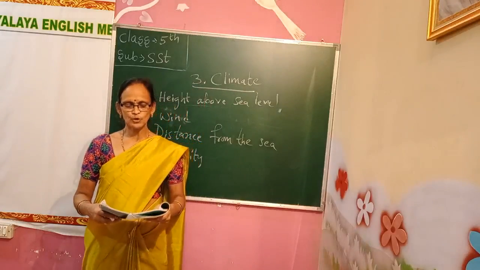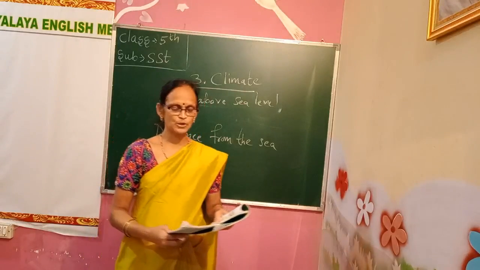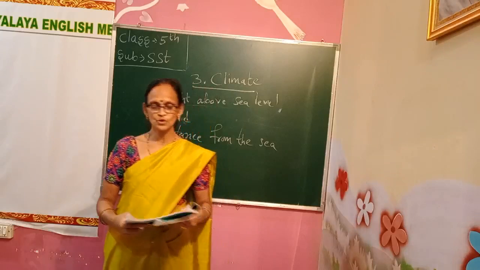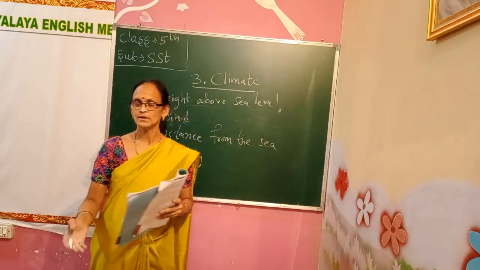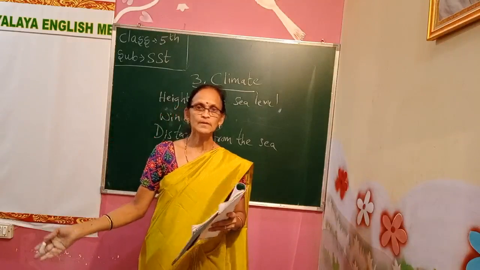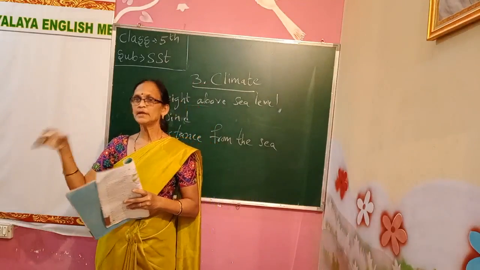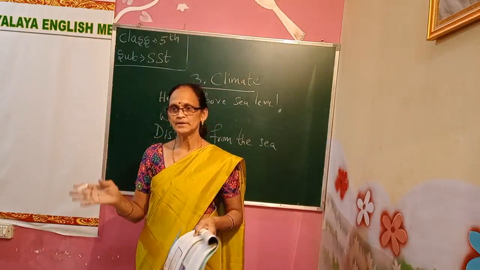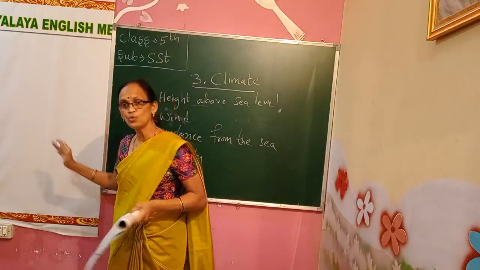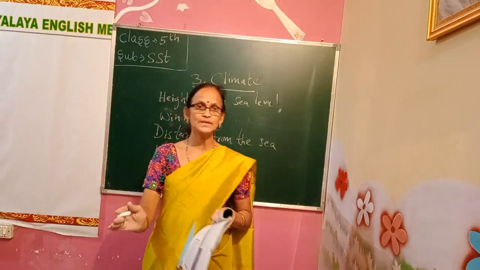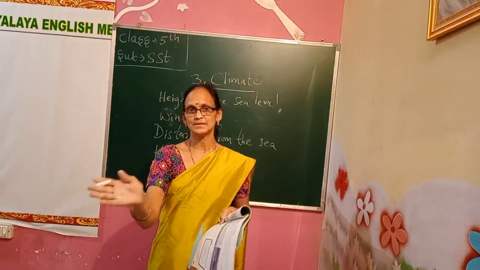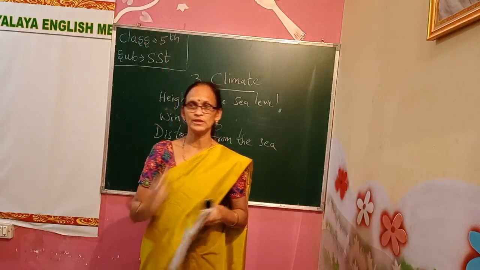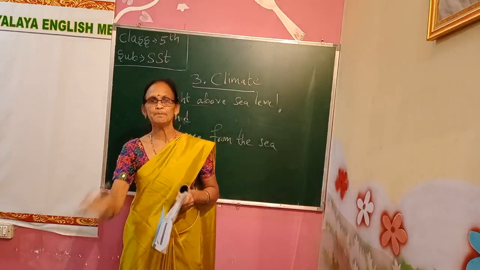The sun rays fall on the land and also on the sea, and the air over the land heats up. When that heated air rises, it is replaced by the cool air from the sea, so the breeze is cool.